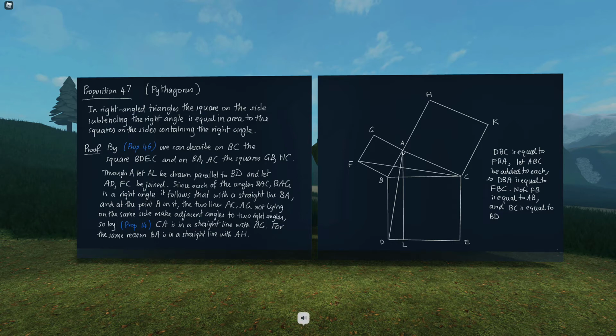The angle between those two sides, AB, BD, FB, BC, is equal, and two sides are equal. So by proposition 4, way back at the start, the two triangles are equal. That is, all sides are equal, all angles are equal, correspondingly.